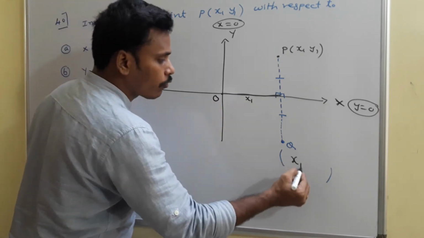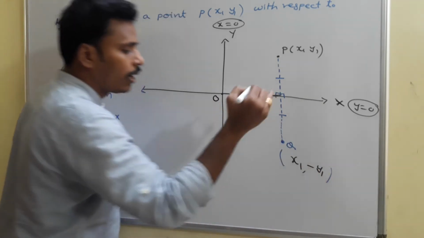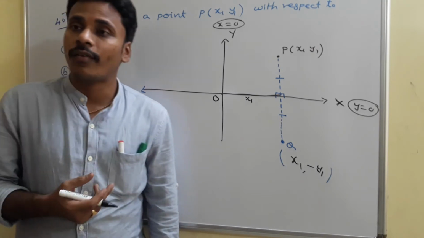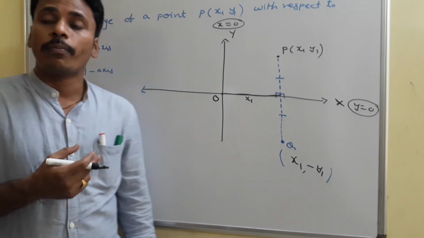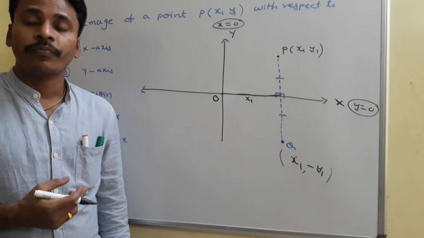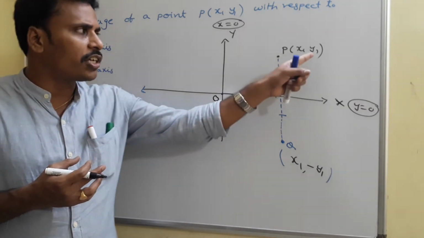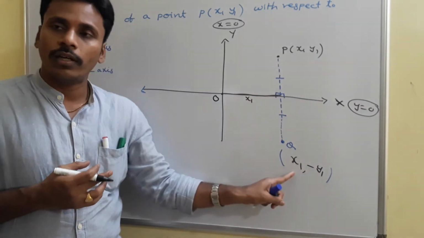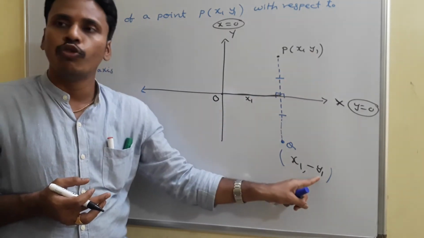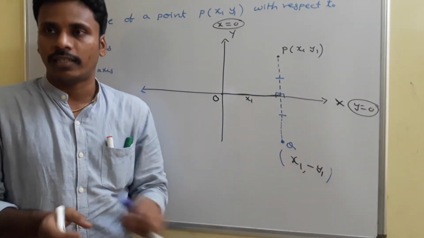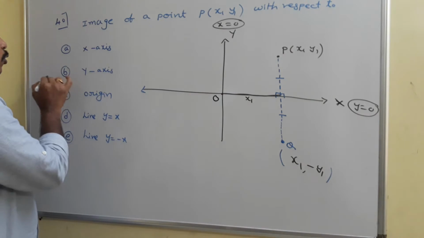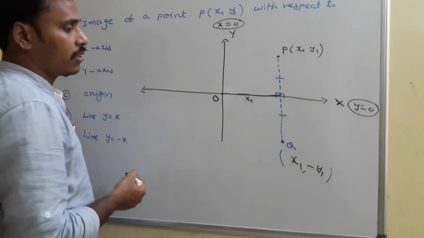So the coordinates of Q are (x1, minus y1). Just have a look once. So the image of a point with respect to the x-axis, we just get it by changing the sign. This is x1 and y1; you need to make it minus y1. That's enough.